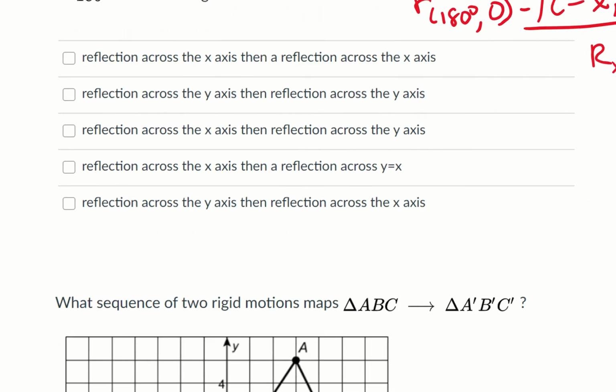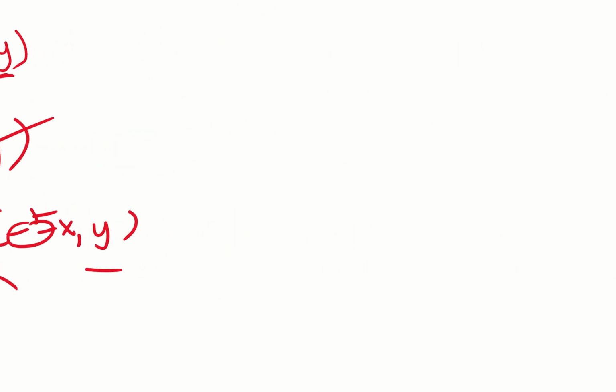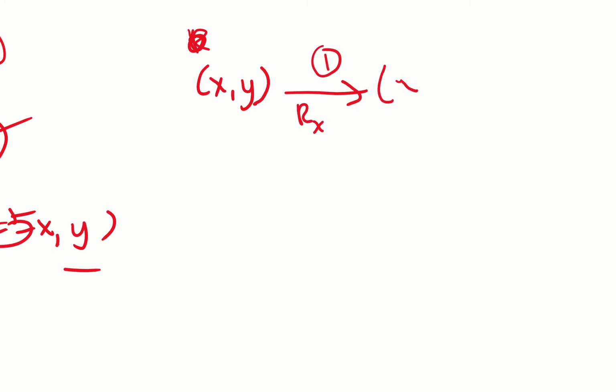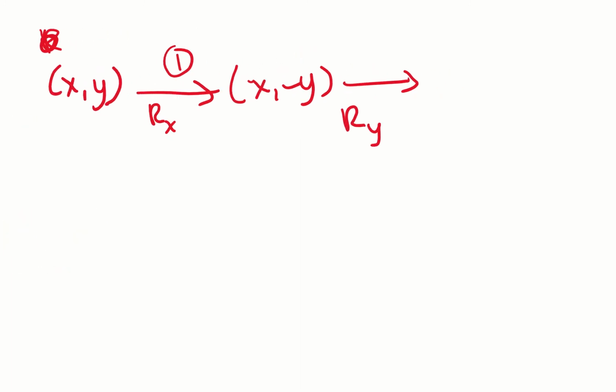So let's try again. Let's try another one. Reflection across the x and then reflection across the y. So let's do that right here. So if I were to do a reflection across the x, right? So this is a reflection across the x. Well, then that means that the y is going to change. And then if I follow that up with a reflection about the y, well, then what's going to happen?